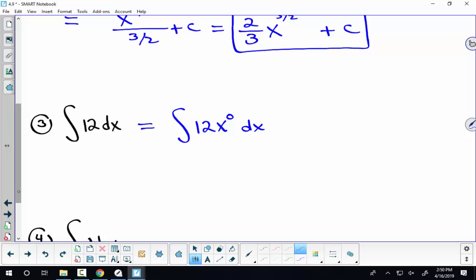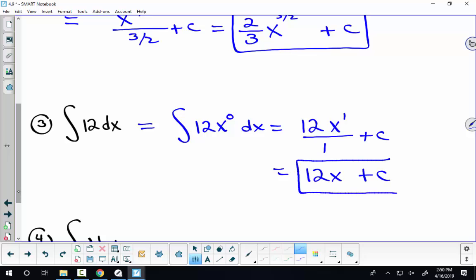So we take the antiderivative of the power, add 1, divide by the result. So we just have 12x plus c. And then you can think about the reverse: what's the derivative of 12x plus a constant? The derivative of 12x is just 12.